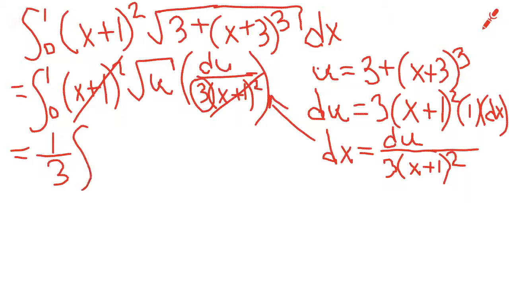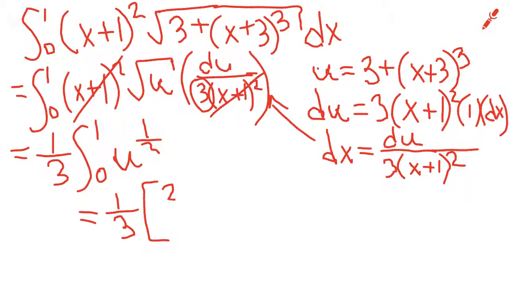So you have 1/3 integral from 0 to 1 of u to the 1/2, which is the same as square root of u. And so finally you end the integration with 1/3 times 2 u to the 3 over 2 over 3 from 0 to 1.